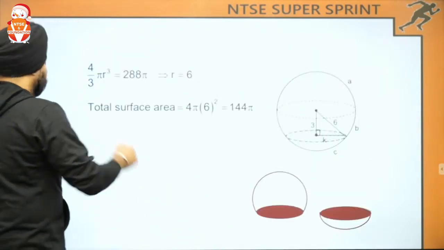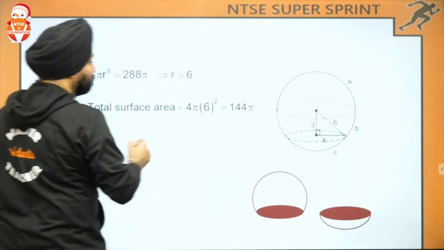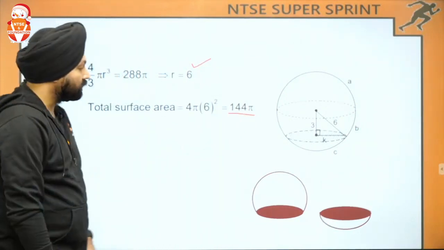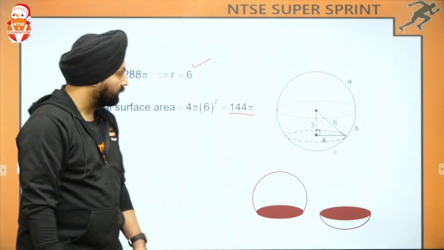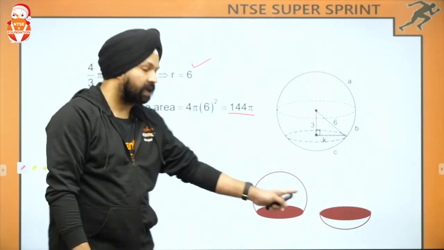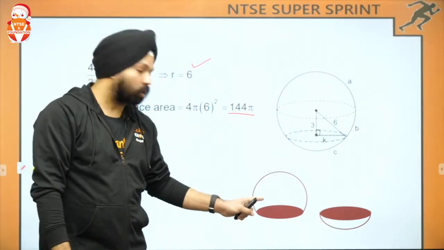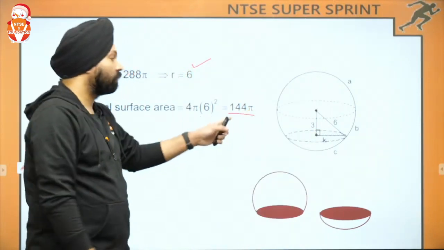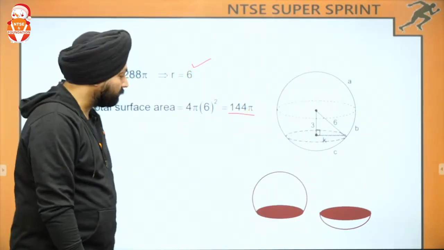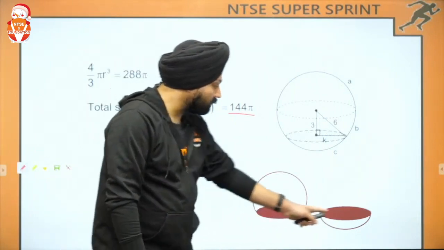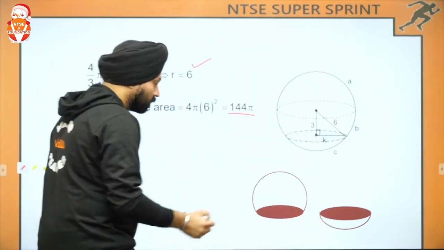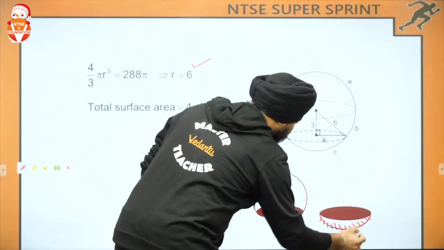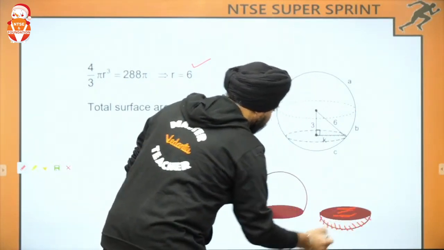Yes, first step is to calculate radius, then the total surface area. Now please pay attention. Just for explaining you properly, I have divided this given sphere into two parts. We have been told to calculate the total surface area of this part, right? Total surface area of the sphere is 144 pi. Now it is very much visible that the portion which has been removed, because of that, this is the surface which is more, and this is a flat surface which is less.